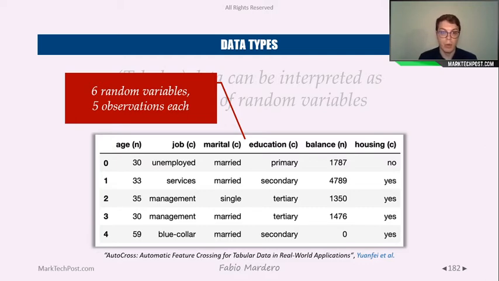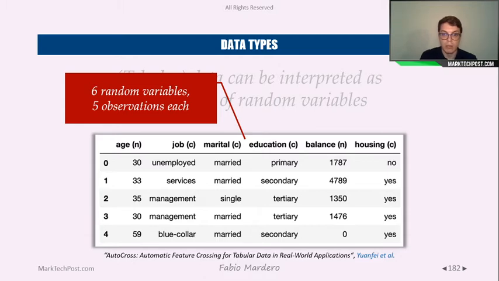This table can then be interpreted as 6 random variables, the columns. So there would be 1 random variable for the age, 1 for the job, and so on, and 5 observations for each random variable. But as you can see, not all columns are the same. The age admits numeric values.